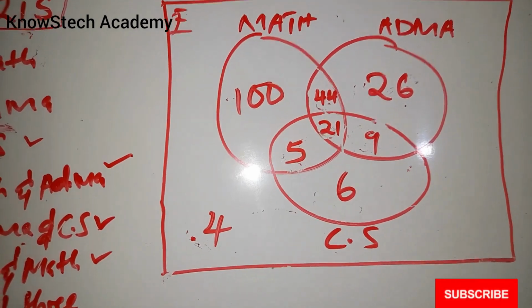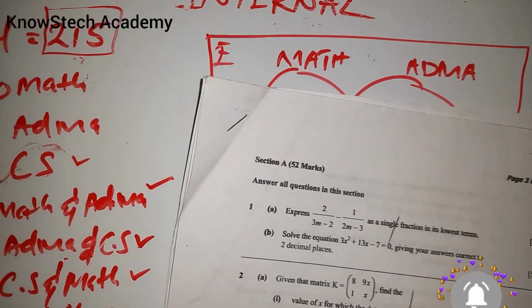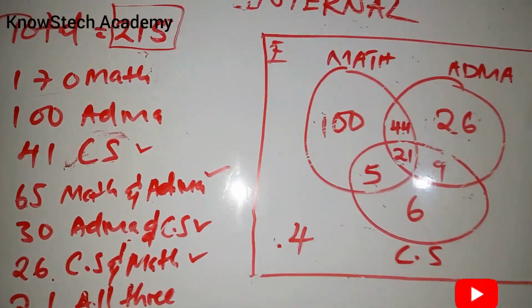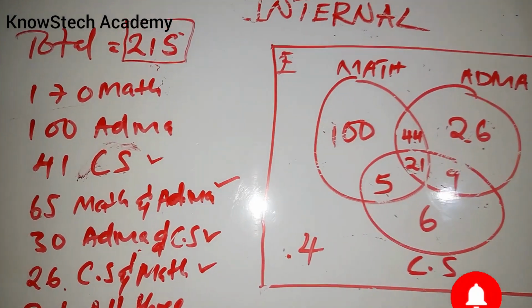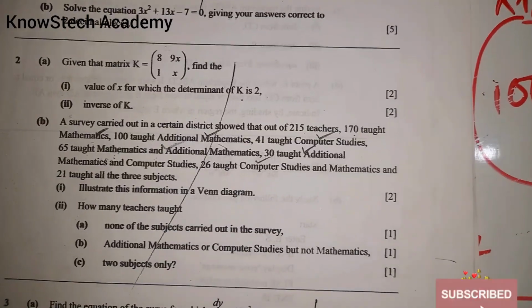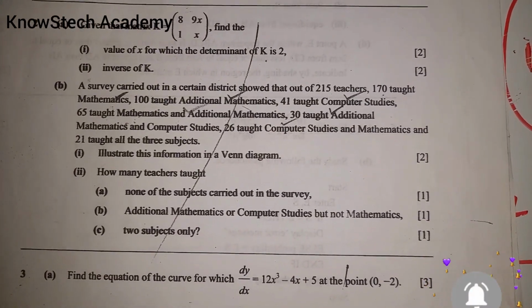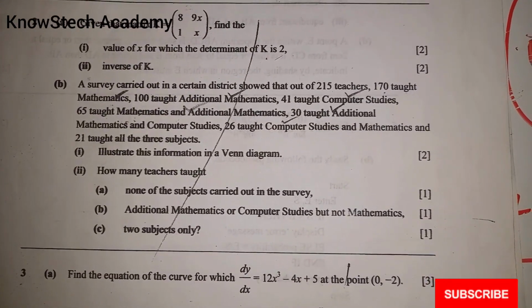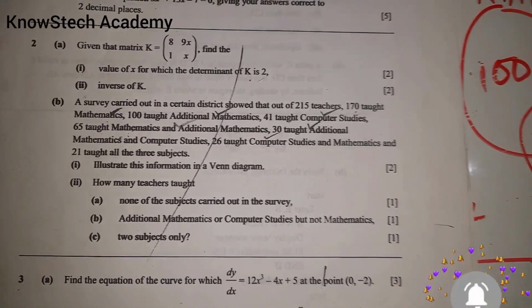Then let's go to the other questions now. So I can just clear up this party. Okay, so how many teachers taught none of the subjects carried out in the survey? You see?